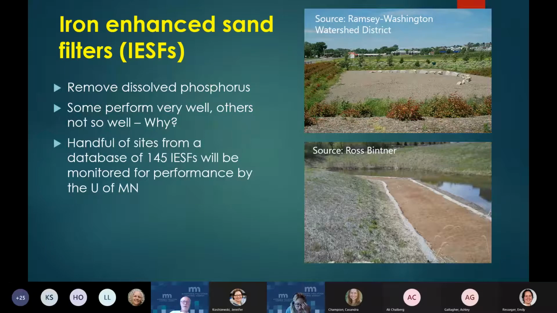And so we now have about 150 of these sites that we know of, probably more. Unfortunately, the guidance on how to design, maintain, and construct these has lagged behind. And so we will be beefing that up, working with researchers at the University of Minnesota, Andy Erickson, John Gulliver, to improve our knowledge and guidance on this particular practice.